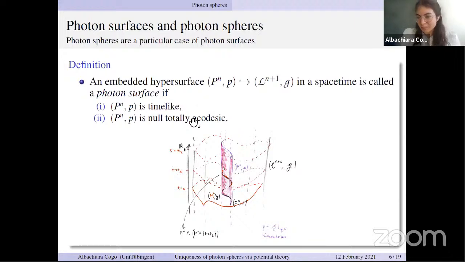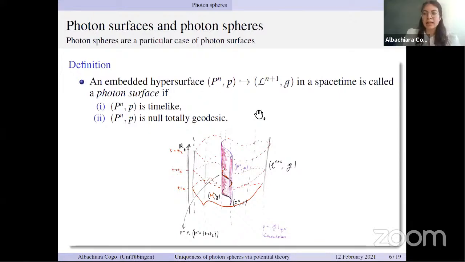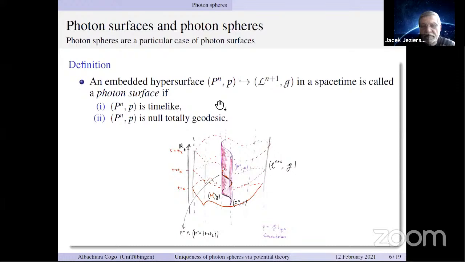So you mean the mean? So okay, yes. So the full tensor. So roughly the derivative of this Lorentzian metric in transverse direction to the surface. So you mean the second fundamental form? Extrinsic curvature.